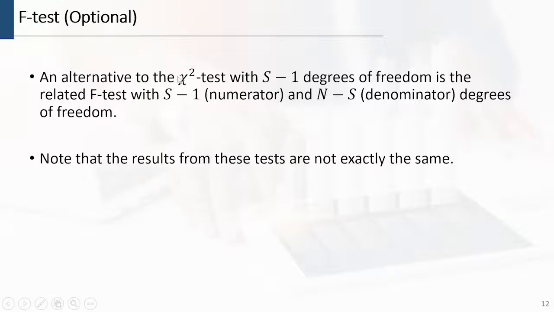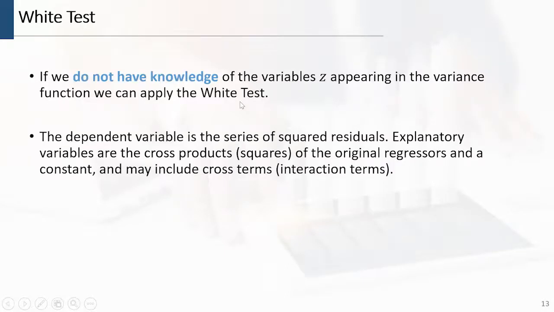But since it's much easier to calculate the test statistics in a chi-square test, I think you should have no problem doing it with F-test, but I will only require you to be able to do the chi-square test instead of the F-test.